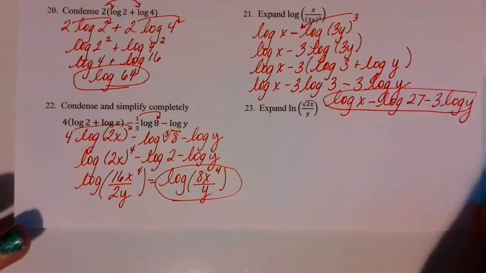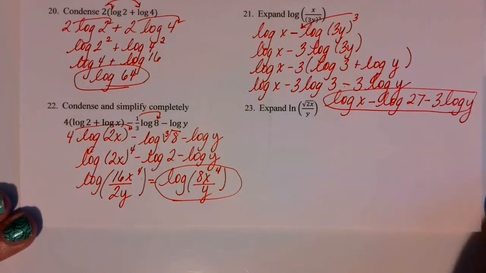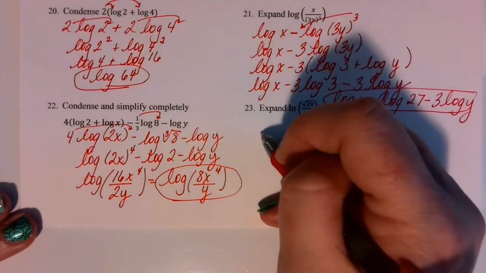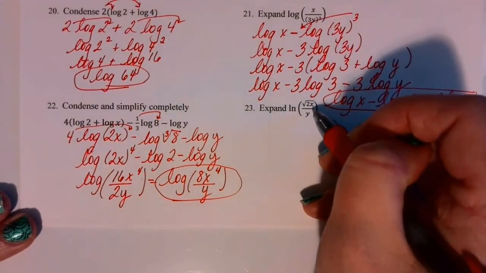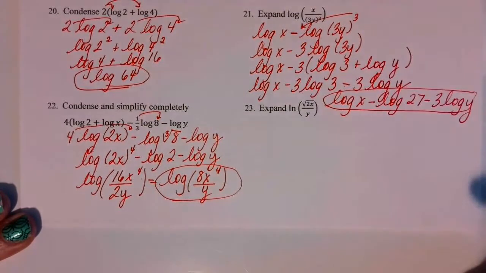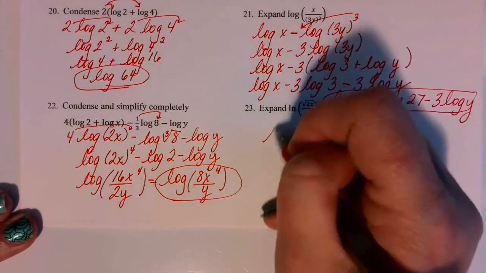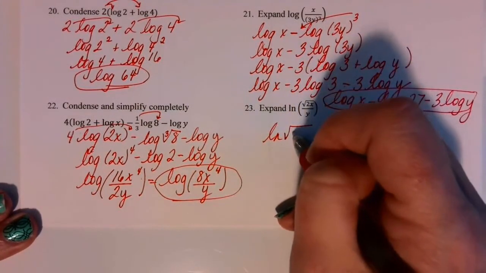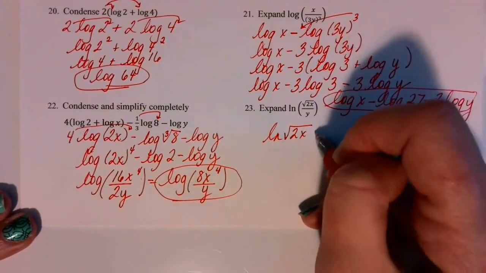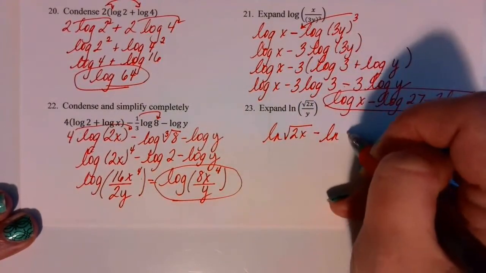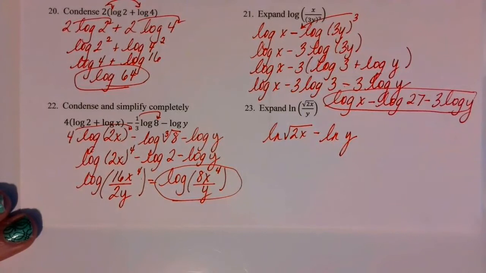In number 23, we're going to expand the natural log of the square root of 2x divided by y. So we'll put the natural log of the square root of 2x minus the natural log of y using the quotient property.